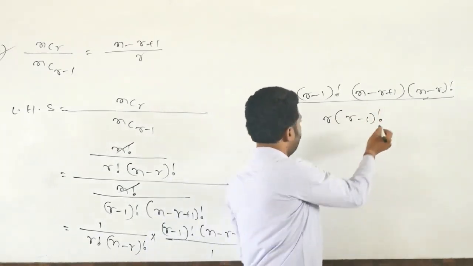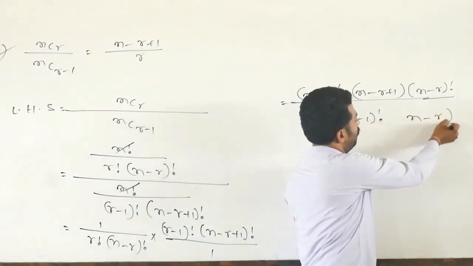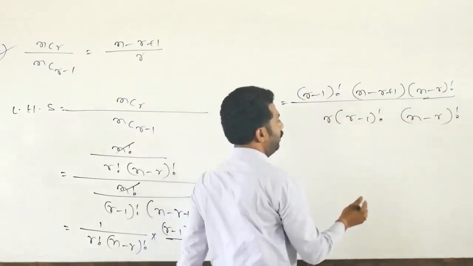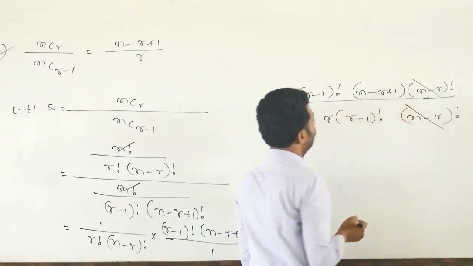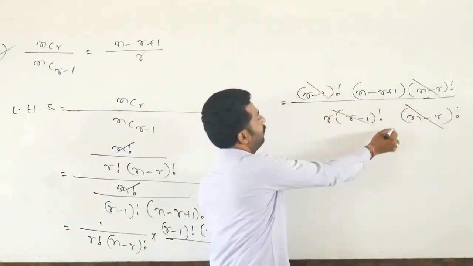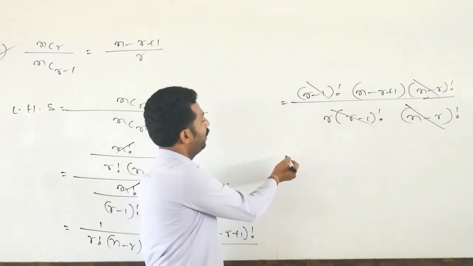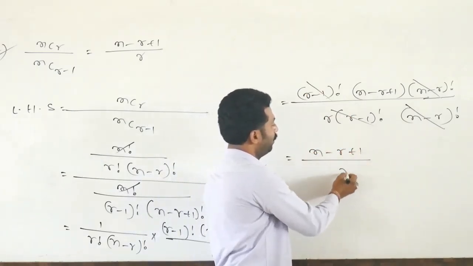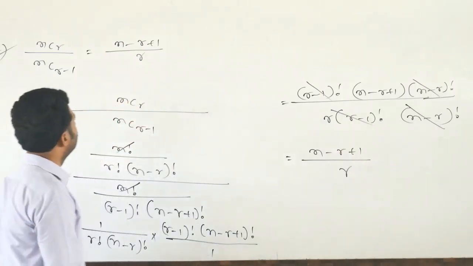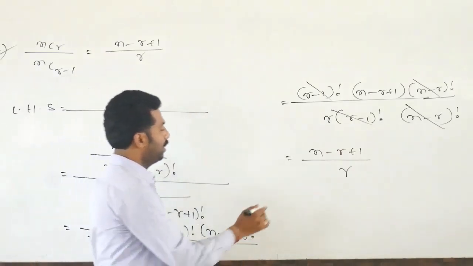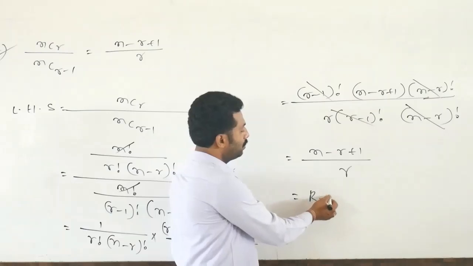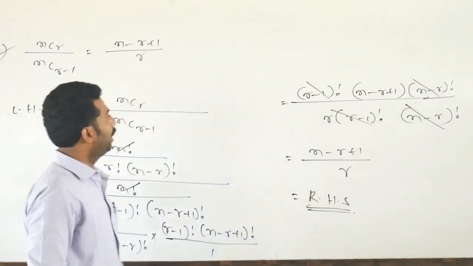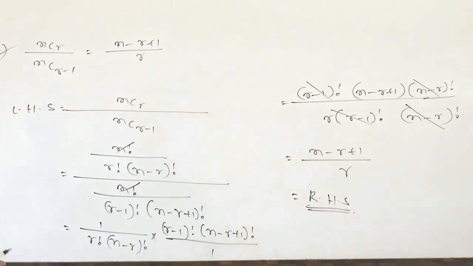Here (r minus 1) factorial cancels, and (n minus r) factorial cancels. So finally we are left with (n minus r plus 1) divided by r. This is nothing but the RHS. This is the most important result you should remember. LHS equals RHS.